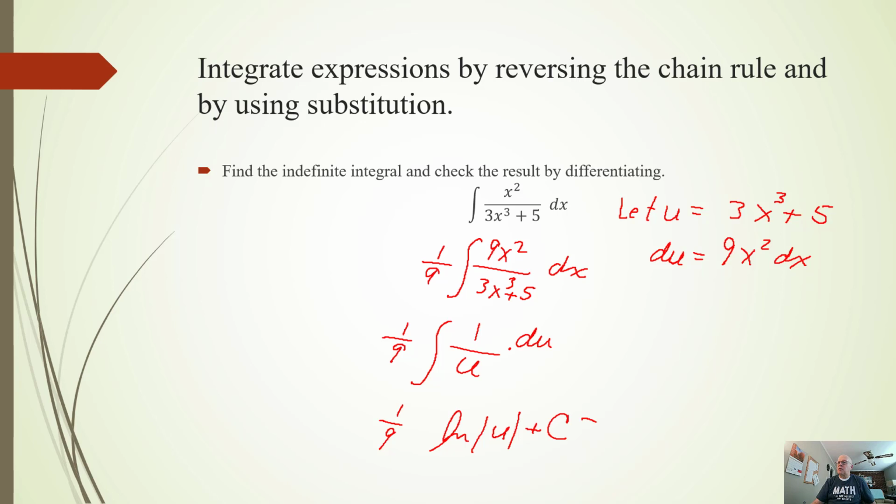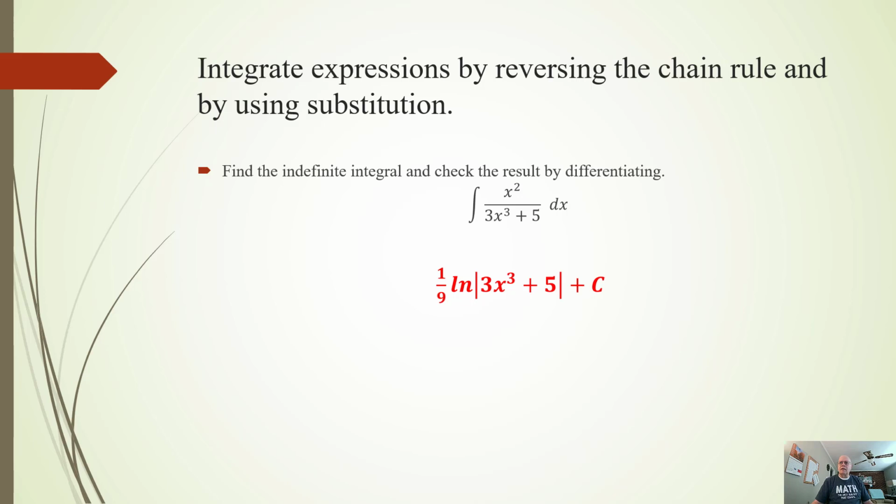Then last thing we need to do is put u back in, the actual value of u, so 1/9 natural logarithm of the absolute value of 3x cubed plus 5, plus c. Getting the hang of it? Not too bad, is it? Let's keep on going, because I know you're enjoying this. There's a nice cleaned up look for our answer.